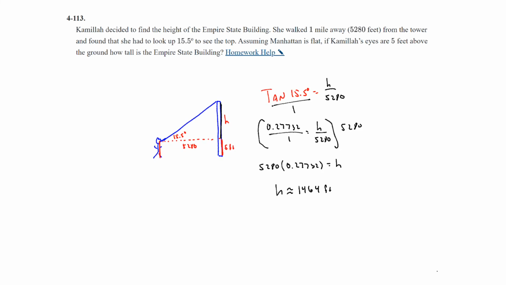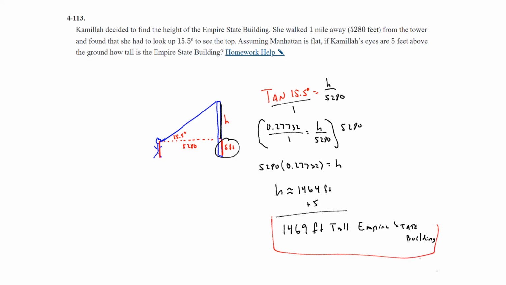But don't forget, we need to add on that extra 5 feet where her eyes were located from the ground. So we add 5 feet, and that's 1,469 feet tall for the Empire State Building, and once again, approximately based on the approximation of tangent of 15.5. And so make sure you answer the question fully.